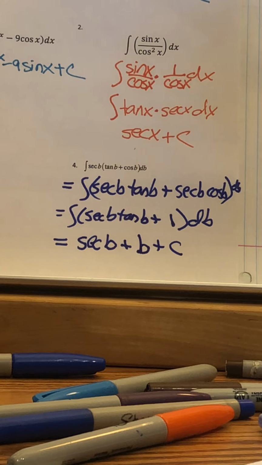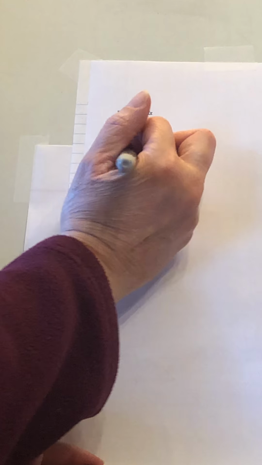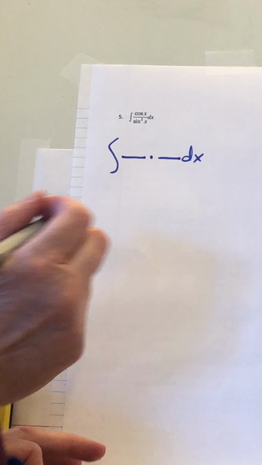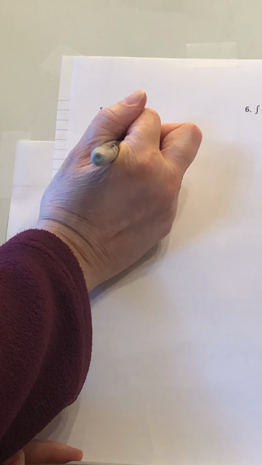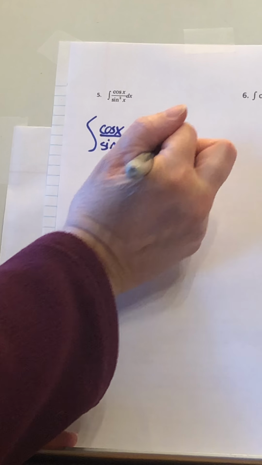Okay, next page. Almost there. I have cosine over sine squared. Again, not on my list. So I want one trig function or two. Since it's squared in the denominator, let's try separating it to see if I can get two trig functions. So I'm going to do cosine of x over sine of x, times 1 over sine of x.